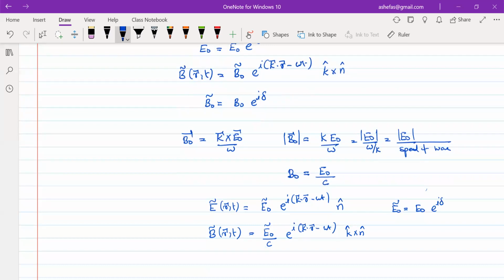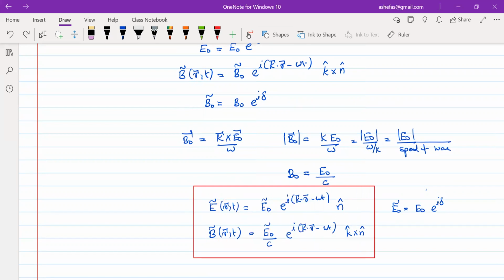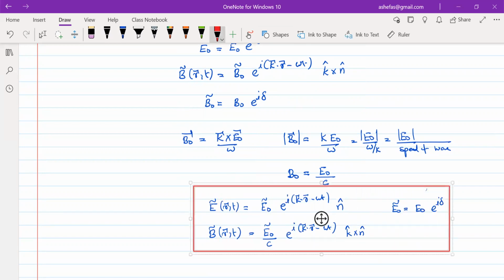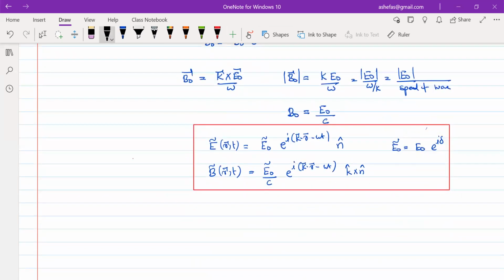So finally this is the representation of an electromagnetic wave in vacuum. So we can highlight this. Remember, this n is called the direction of polarization.